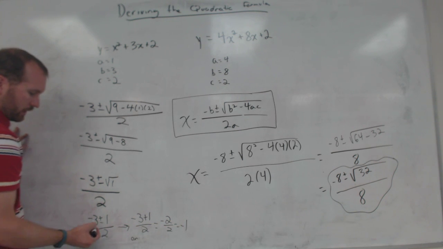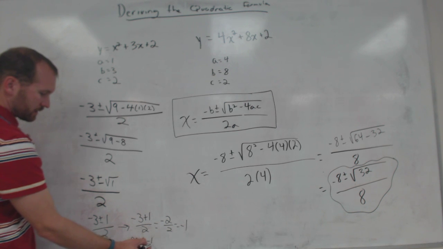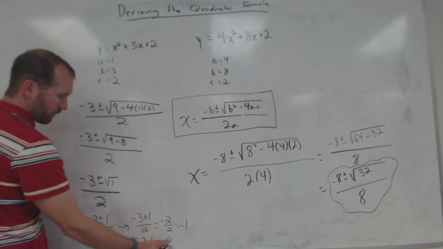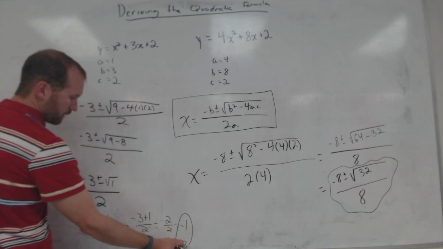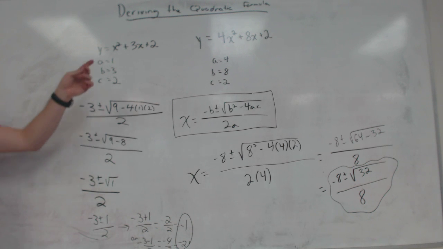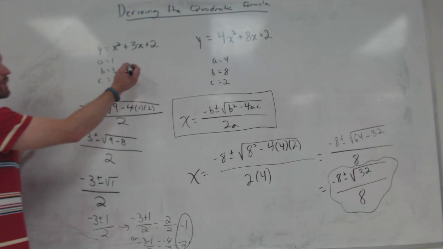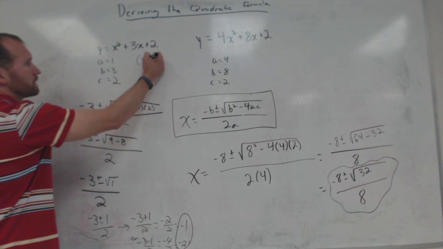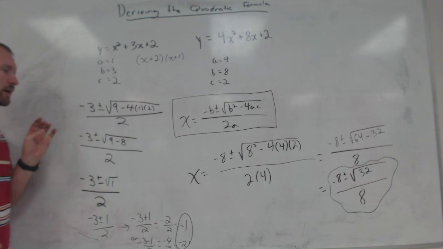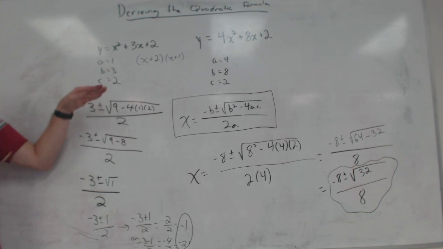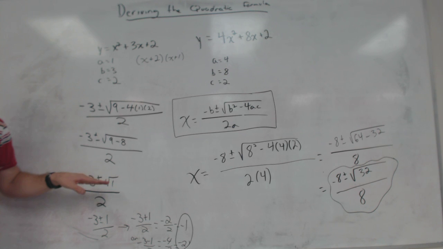Or negative 3 minus 1 over 2 is negative 4 over 2, which is negative 2. Chances are factoring this would have been faster, because I would have gone x plus 2 times x plus 1, x equals negative 2 or negative 1. But the quadratic formula will get us the same answers.